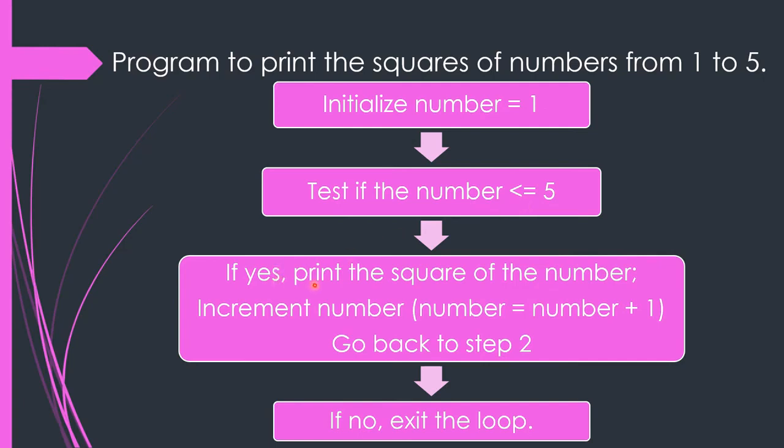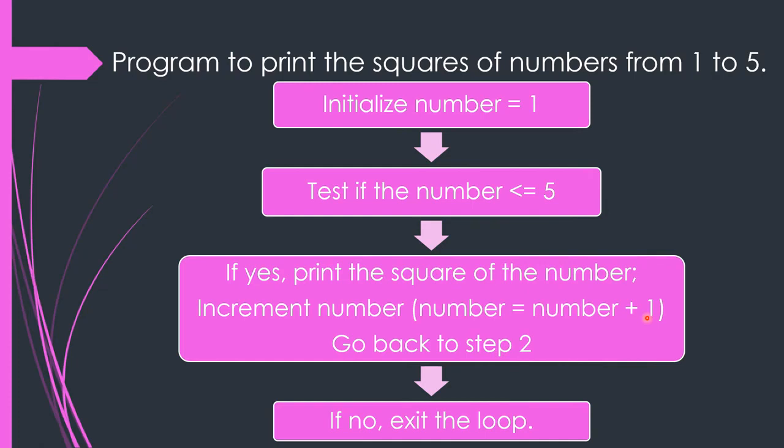If yes, print the square of the number, increment number, number equal number plus 1, and go back to step 2. So if this condition is true, then print the square of the number and increment number, number equal number plus 1, as we are doing looping.